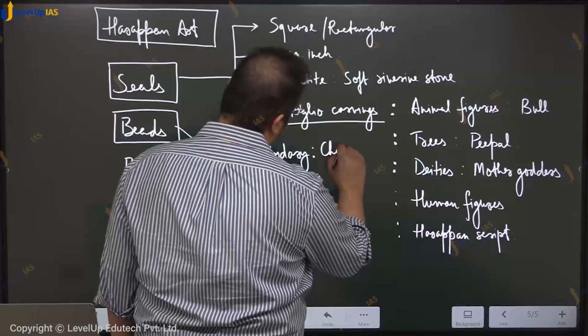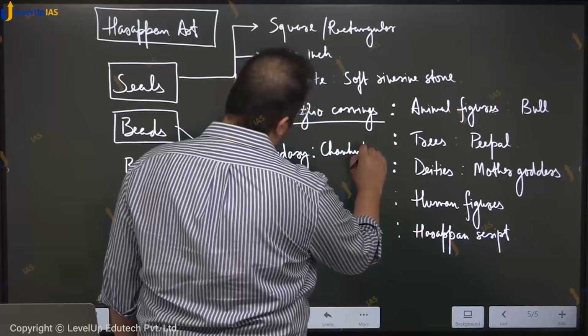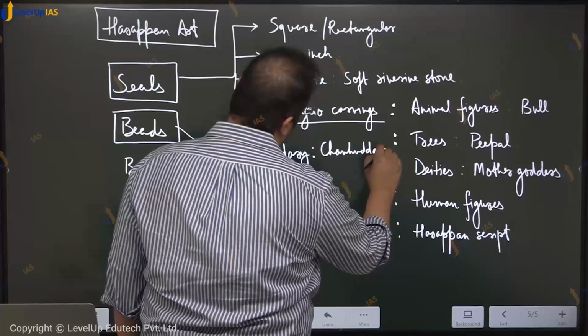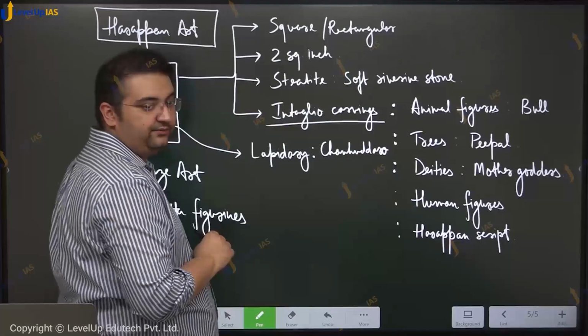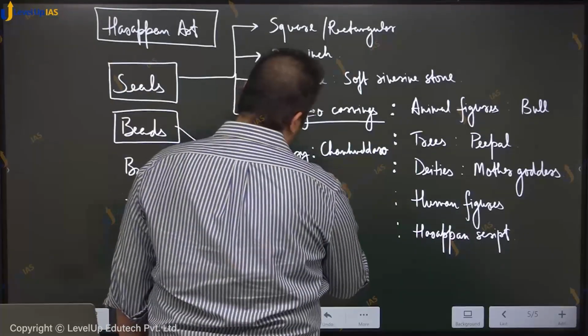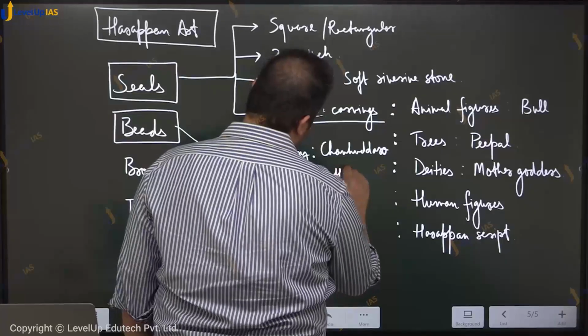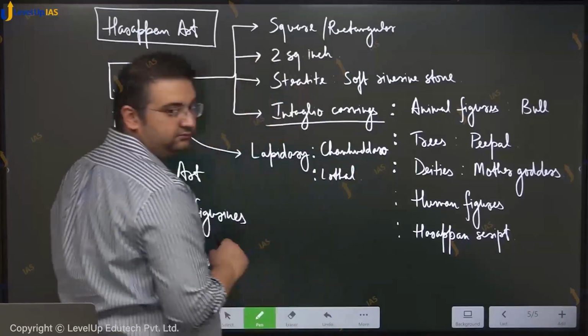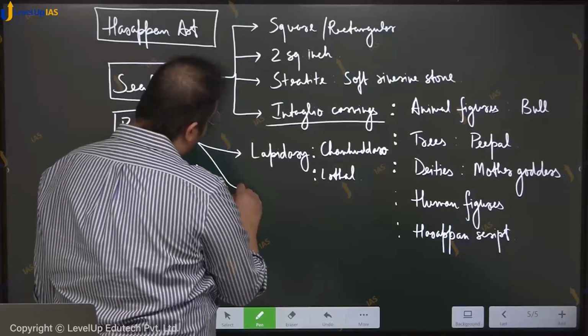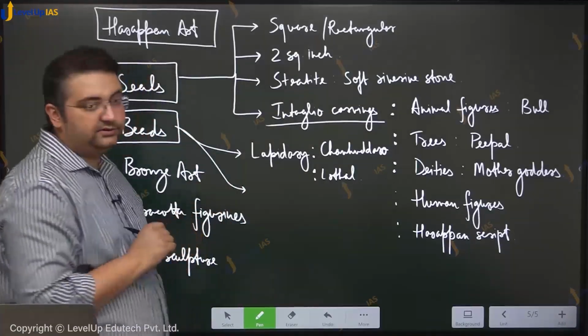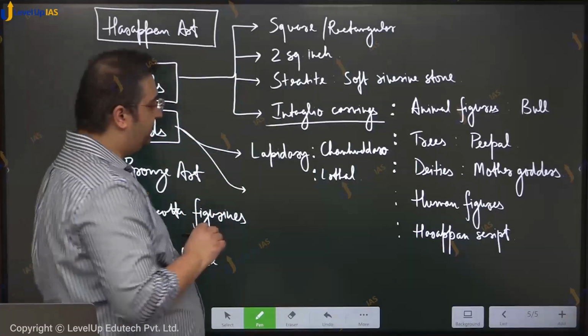Chanhudaro. Another important center for bead making and jewelry making? Lothal. Okay? What were the kinds of stones that were used? Semi-precious stones.